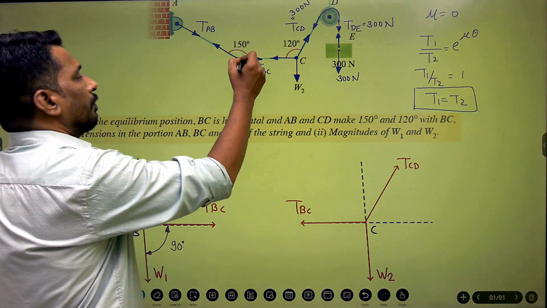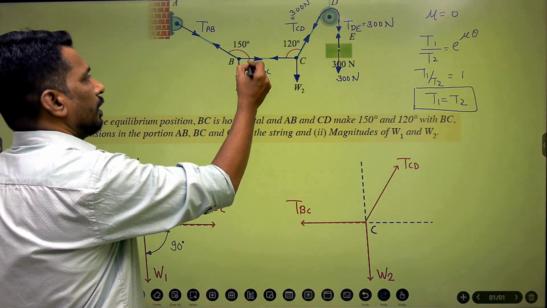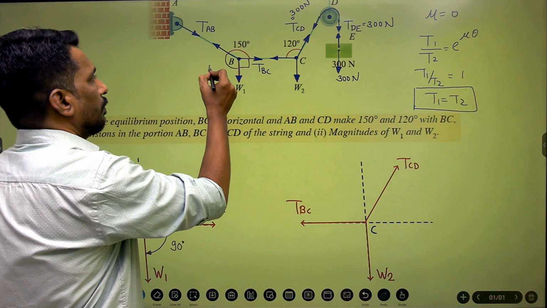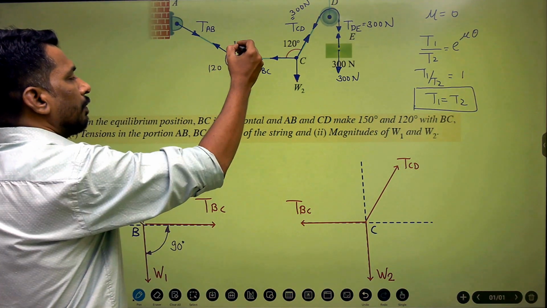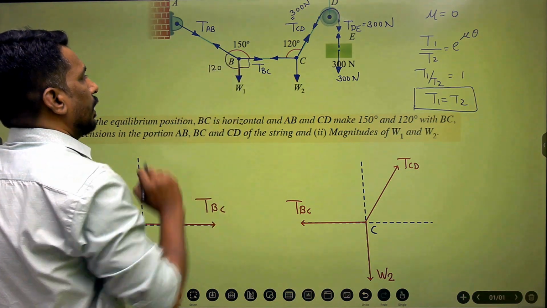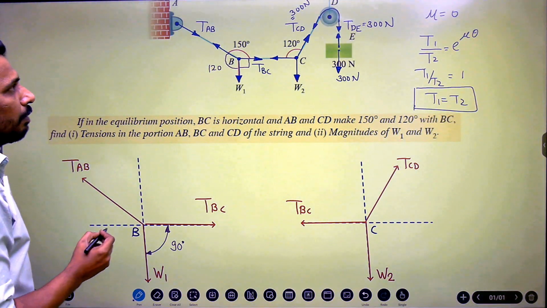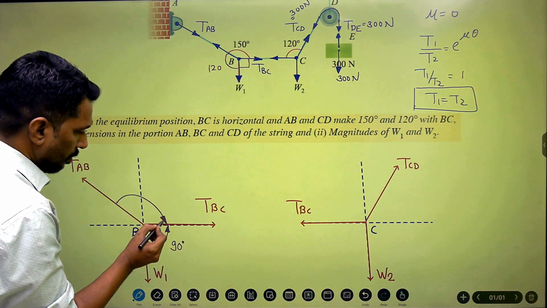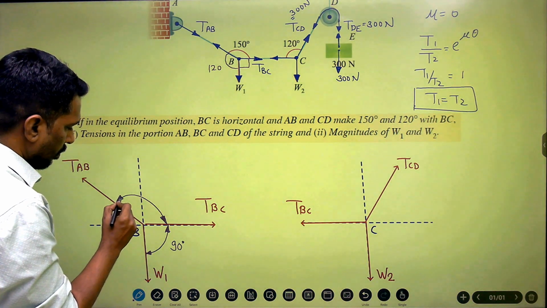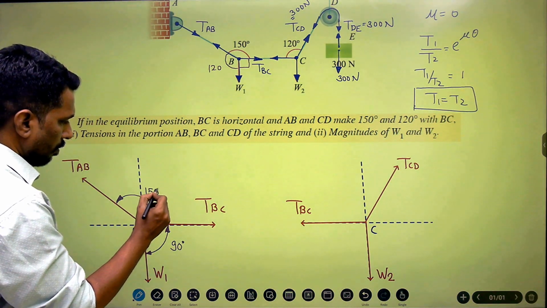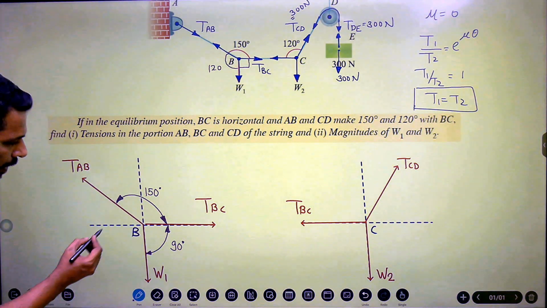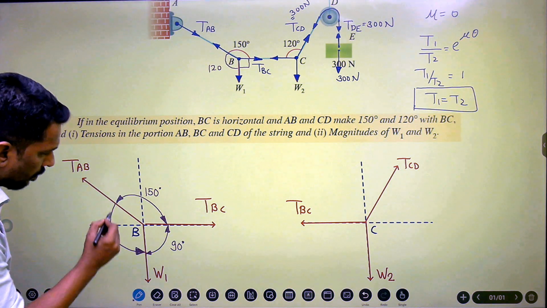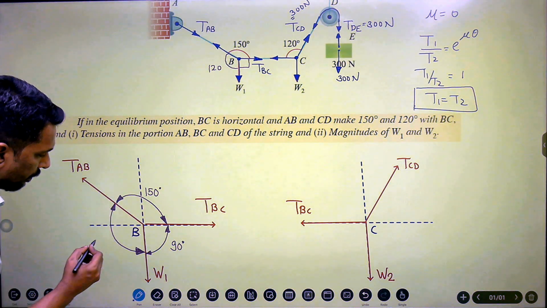Now here they mention 150. So if this is 150 and this is 90, this becomes 240. So the remaining angle becomes 120. Please cross check: 150 plus 90 is 240, 240 plus 120 becomes 360. So I'll directly mention it over here. This is 150, and this is 120. Please cross check the values while solving.